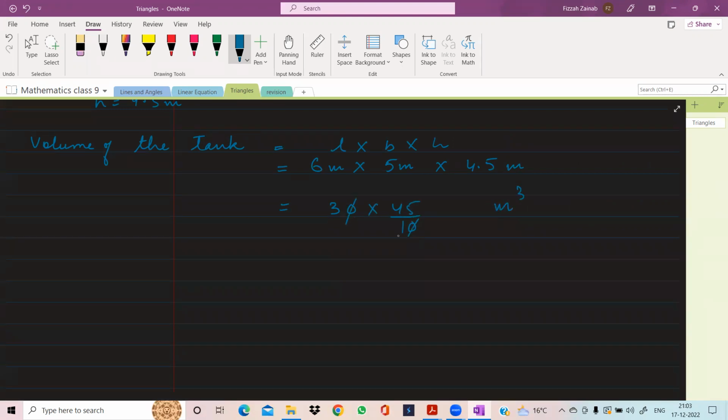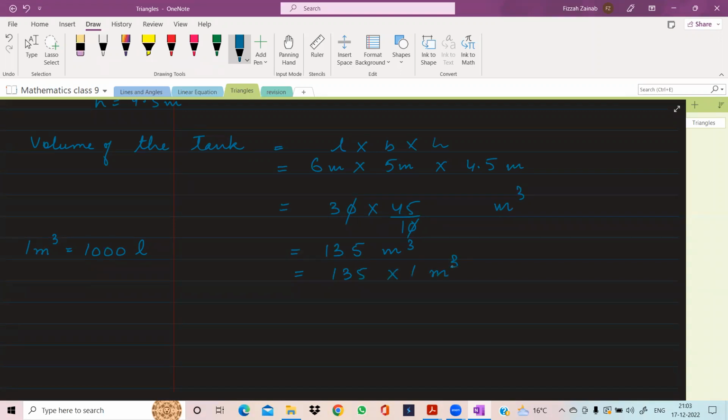So this 0 cancels out. 3 into 5 is 15, carry 1, 12 and 1, 13. So 135 meter cube. Okay. Now what is given here? Now please see how to convert. So 1 meter cube is equal to 1000 liter, right? So that means, see, you can write it like this, 135 into 1 meter cube.